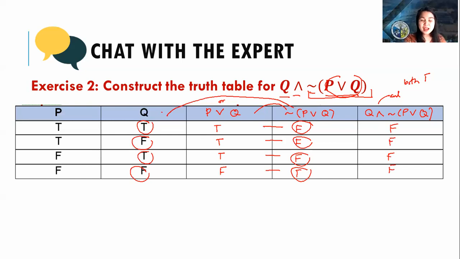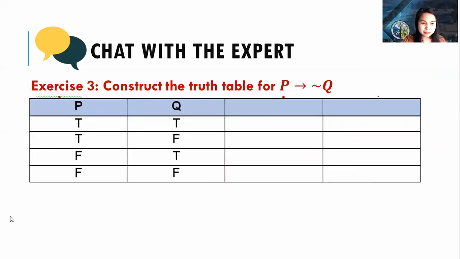Let's go to the third problem. Okay, I'll make a heading here, not Q, and the other is the last, P then not Q. Okay, not Q. Negate it, the opposite. True becomes false. False becomes true. True becomes false. And false becomes true. Next, P then not Q. It's a then, right?